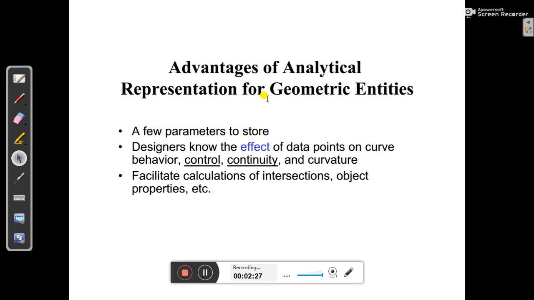We need to control the pattern and behavior of the curve, and maintain the continuity and the curvature so that it becomes perfect in the displaying devices. Analytical representations also facilitate calculations of intersections, object properties, etc.